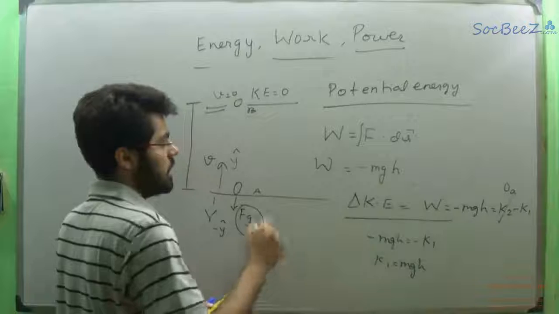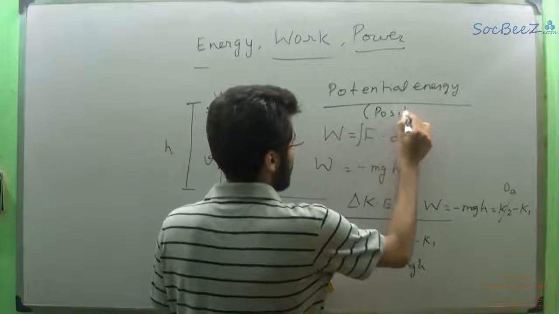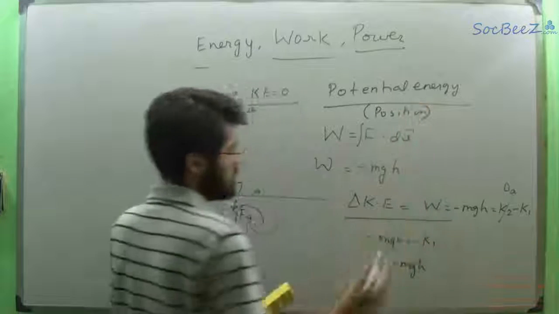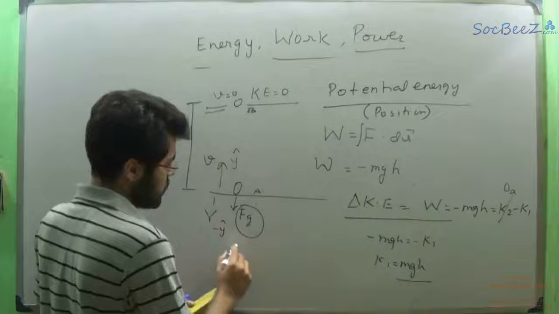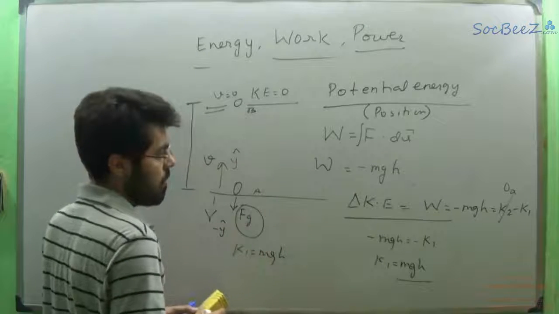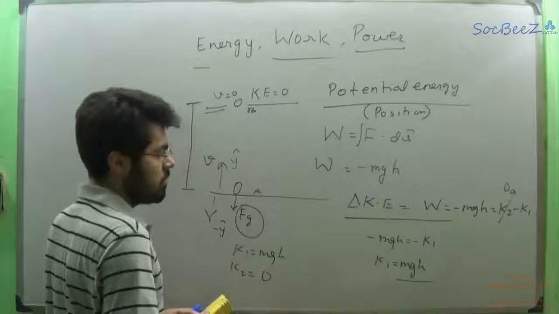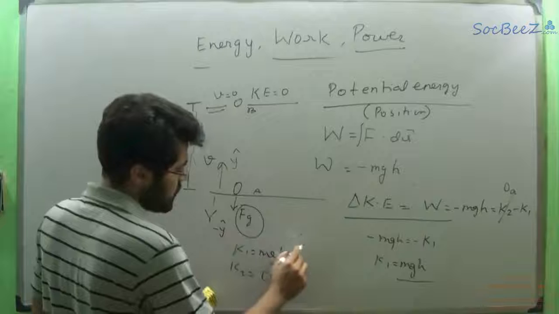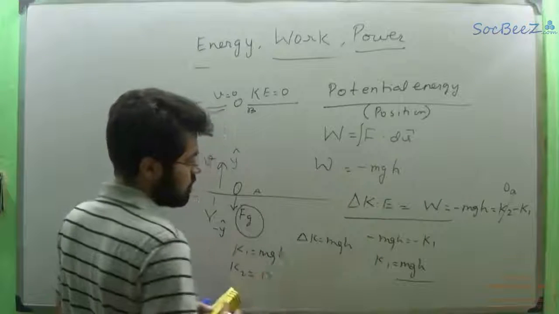Now, right now we can see that this potential energy is by virtue of position. Its value is what? Initially the kinetic energy was mgh, and final kinetic energy is 0. It means the change in kinetic energy is mgh.